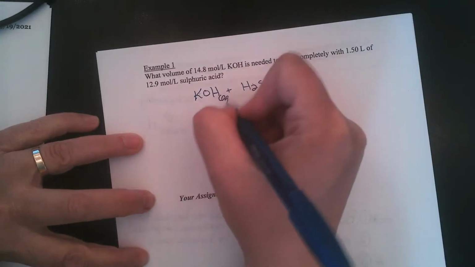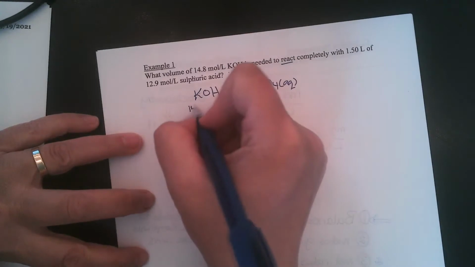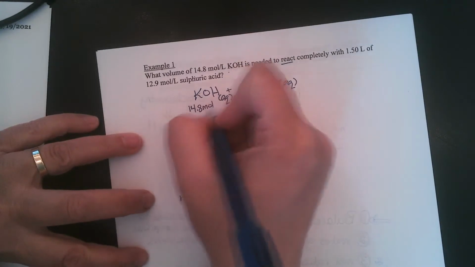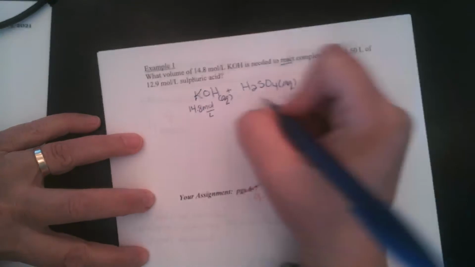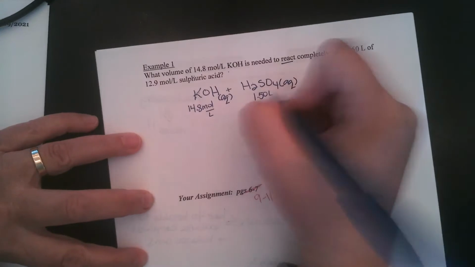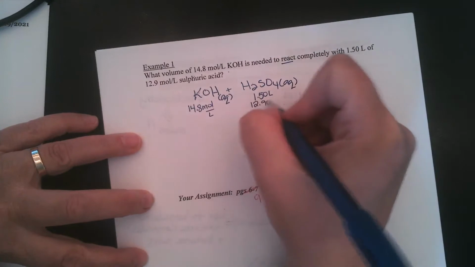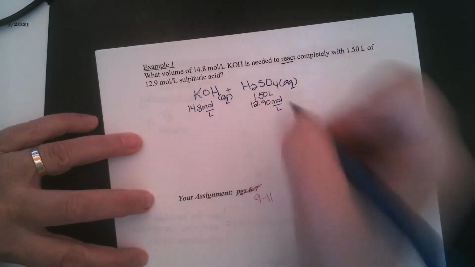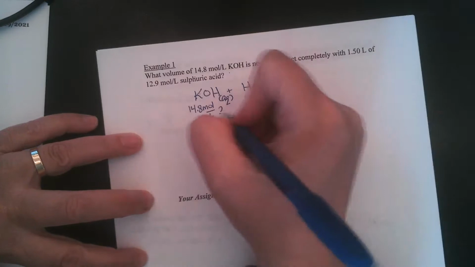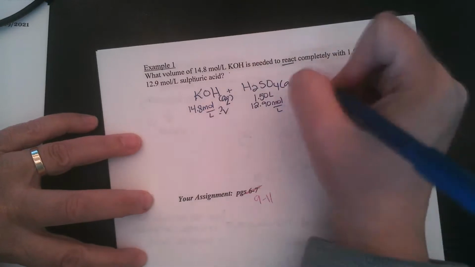This one here is also in solution because it gives us the concentration. So I have 14.8 moles per liter of this, and I have 1.50 liters of sulfuric acid at this concentration, and it's asking us to find what volume.